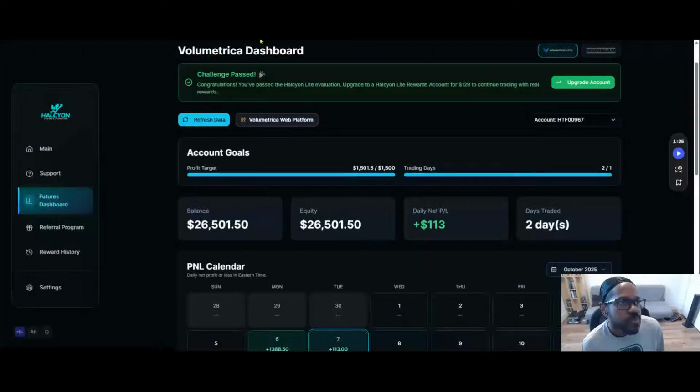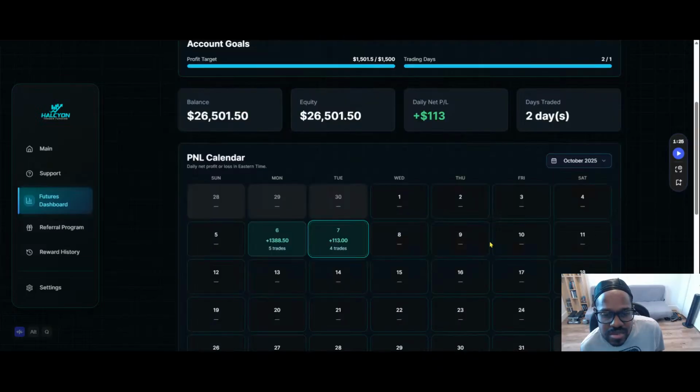All right. So as you could see, just passed the challenge. $113 was missing here to pass it. So I did that in 2 days. So small scalp here at the top.